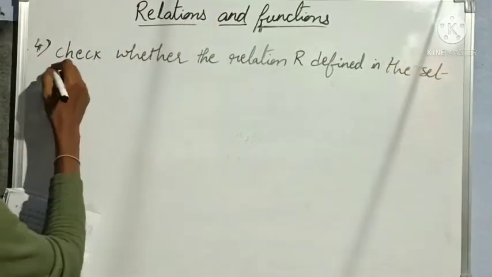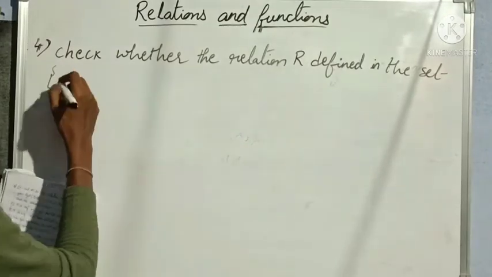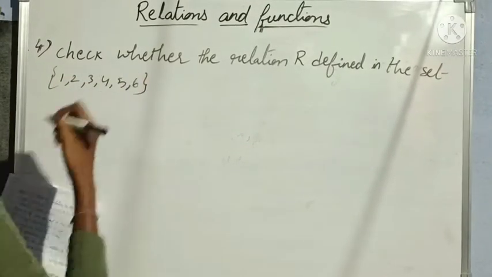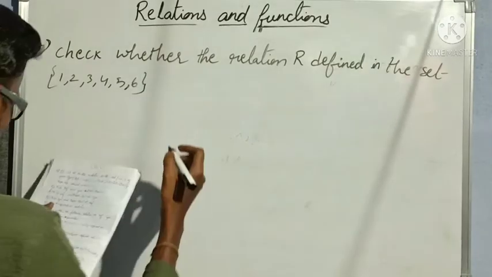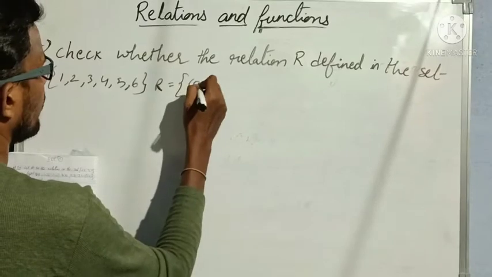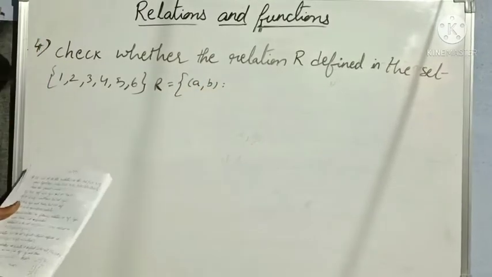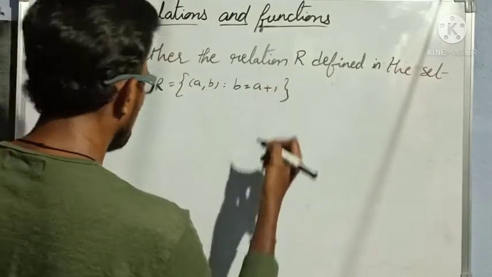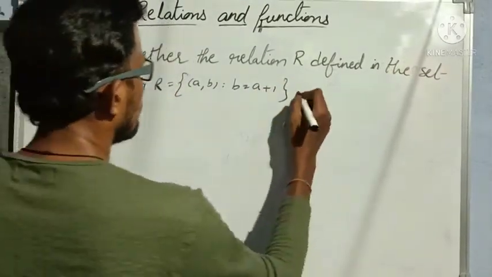So here also in this question he has given one particular set for us, that is 1, 2, 3, 4, 5, 6. This is the set such that R is equal to A comma B such that B is equal to A plus 1.